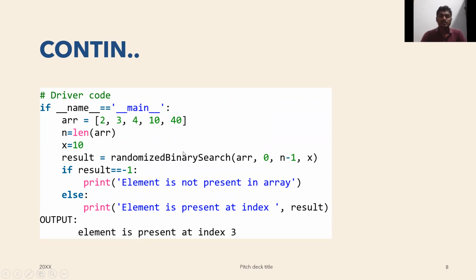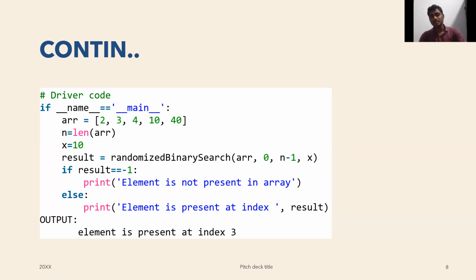Then I have called the binary search function using these variables. From that I will get either the index or -1 if the element is not present. Whatever value it returns, I store in the variable result, so that if the result is -1, I can print that the element is not present in the array.